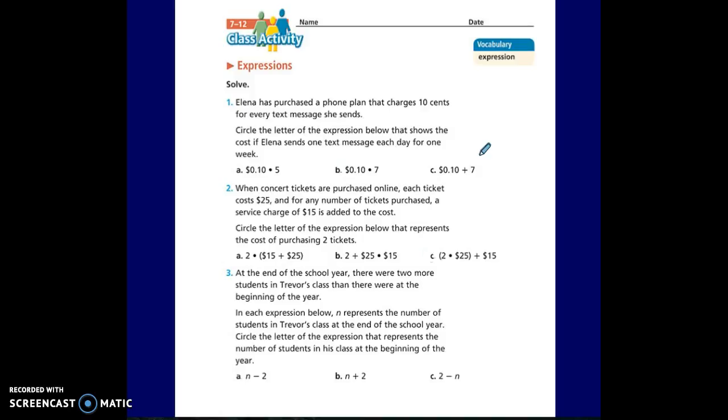Circle the letter of expressions below that show the cost if Elena sends one text message each day for a week. So again, on word problems, I like to circle my numbers. Cost her 10 cents. I'm going to box important information: for every text message she sends. I think that's important to know, okay? So it's 10 cents for every text message she sends.